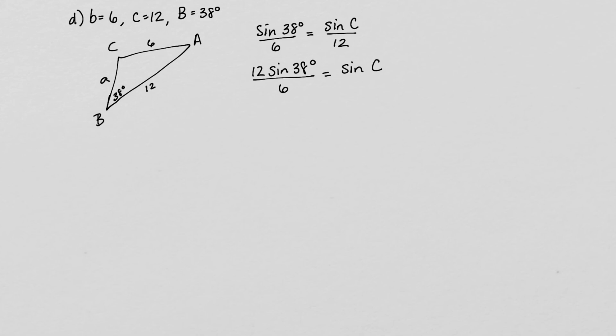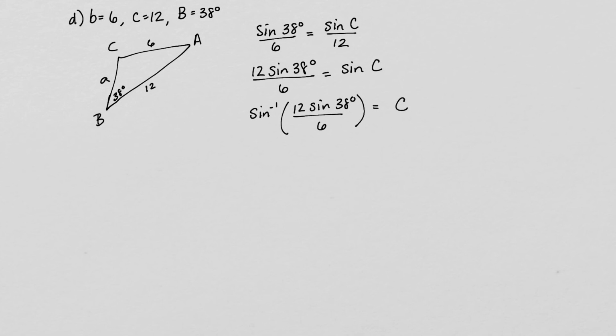So I'm going to leave a little bit of room because something's going to happen on this problem. So the inverse sine, I guess I don't really need to leave any room. The inverse sine of 12 sine 38 degrees divided by 6, that's going to be equal to C.